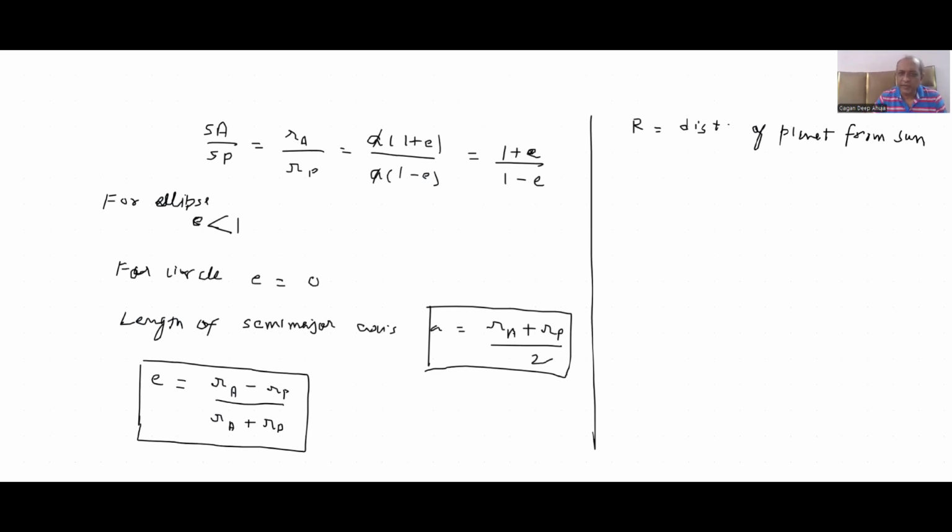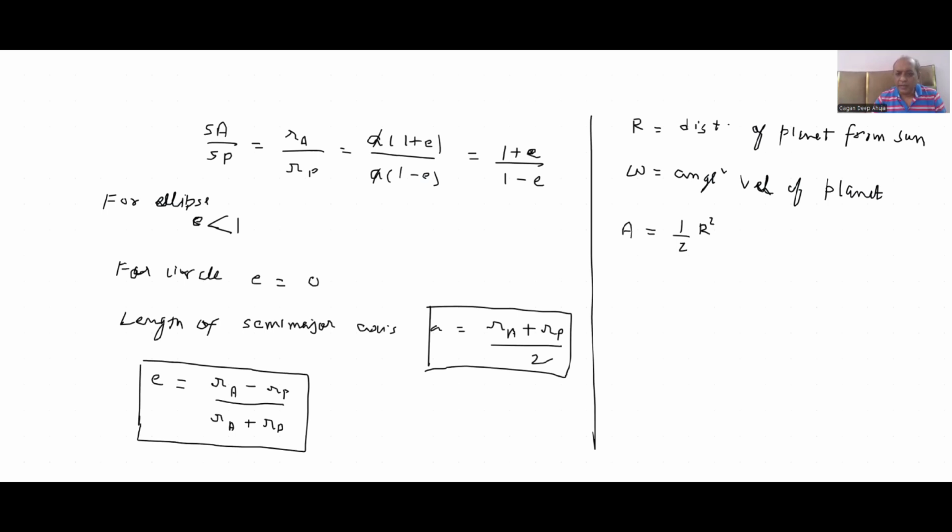So omega here represents the angular velocity of the planet. Then the area swept per unit time by the planet is given by 1 by 2 r square into omega.